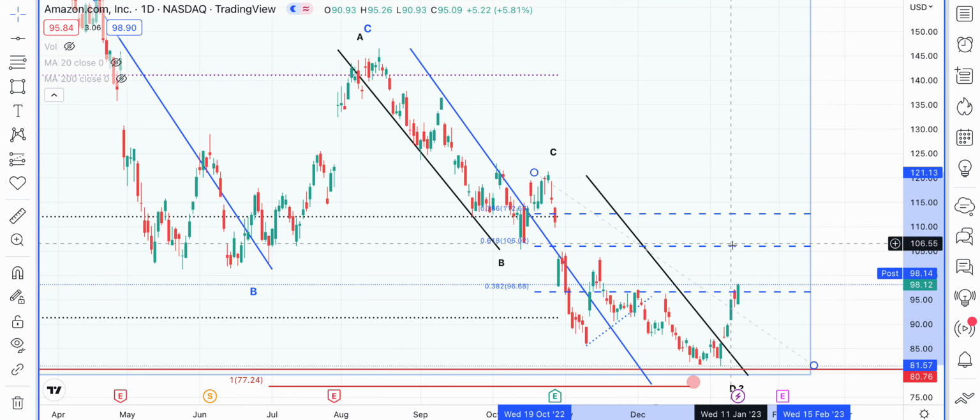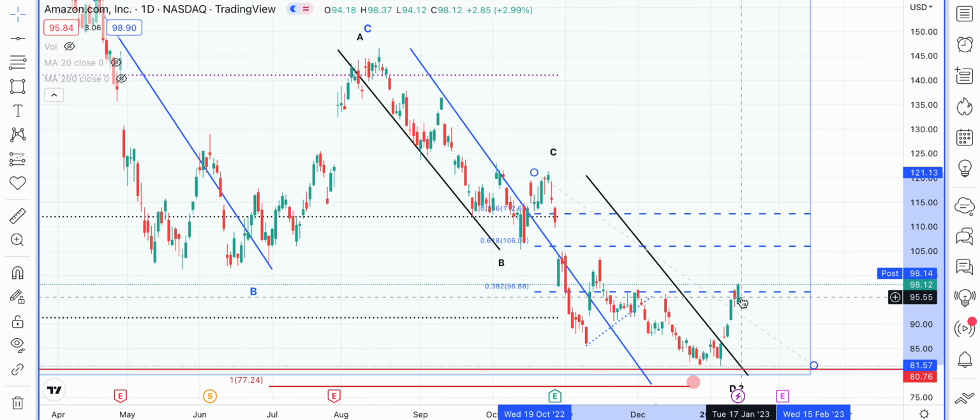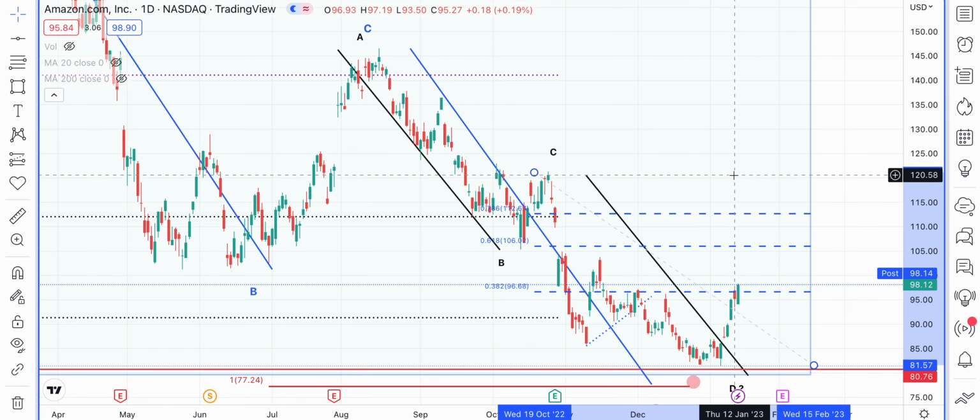And if in the next few days the stock keeps moving higher and takes this out in a convincing way for at least a couple of days, that is a very positive sign for the stock. We could see the stock rally into 106, even 113, and we'll see if the stock is able to take out 120. Okay, so this is what we are watching.